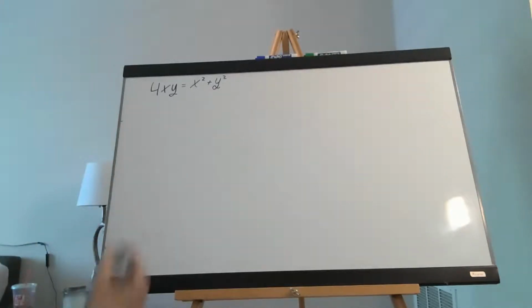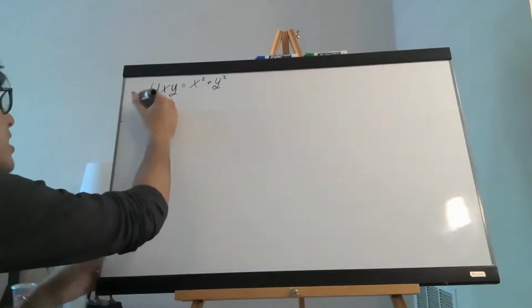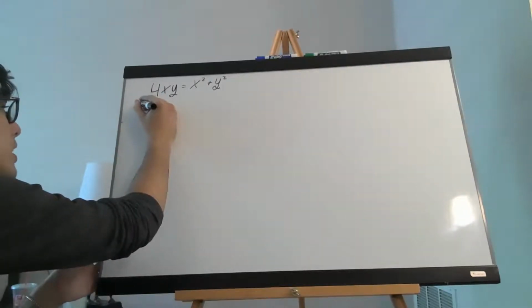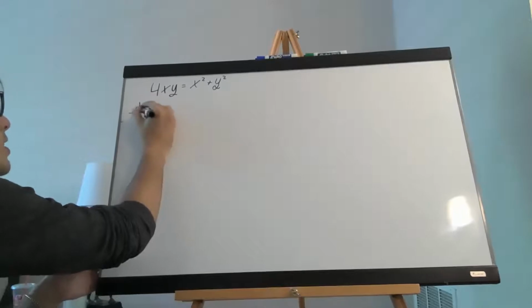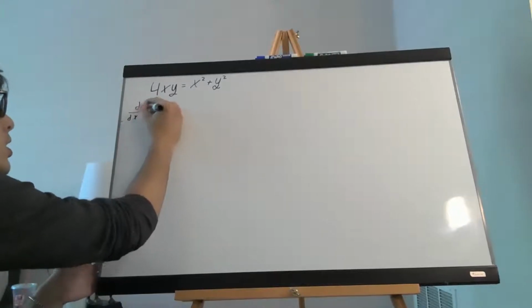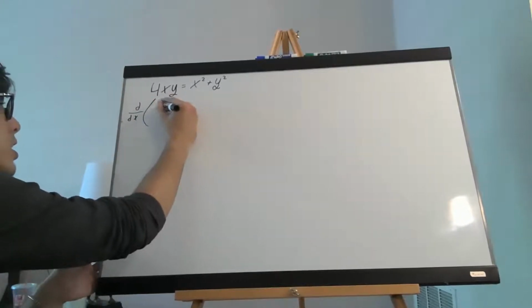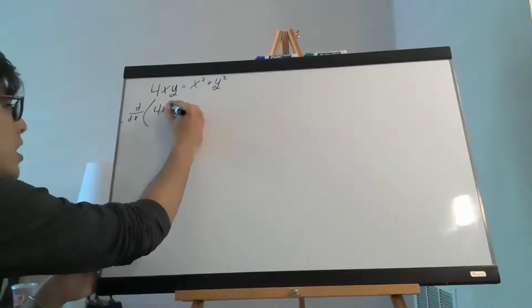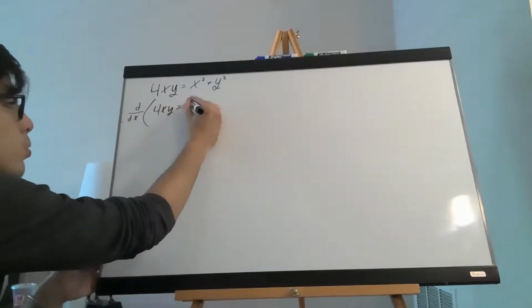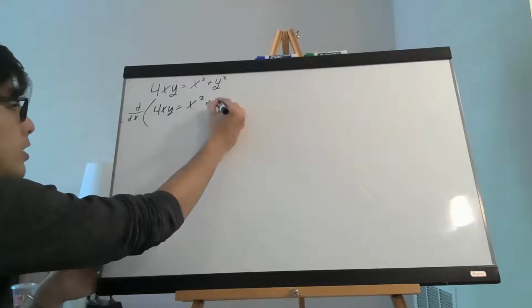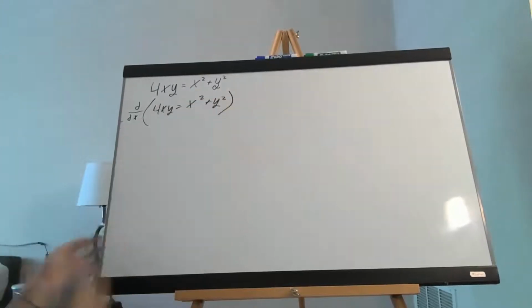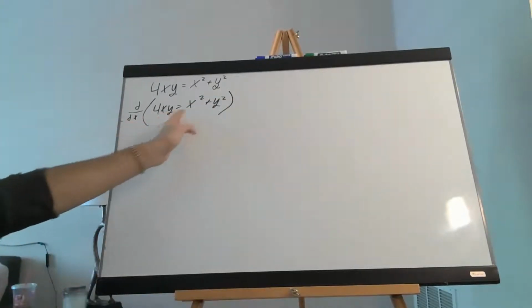Alrighty, so the first step, like I said last time, is we want to find the derivative of the entire equation. So we're taking d/dx of 4xy equals x squared plus y squared. We want to take the derivative of all of that.